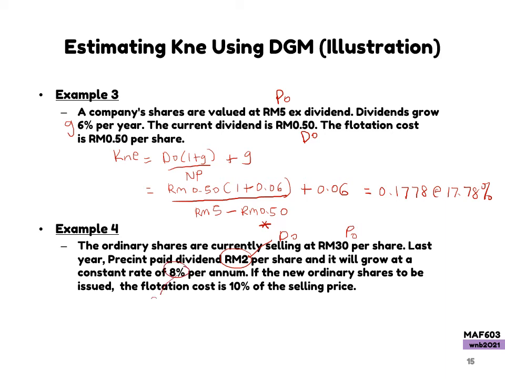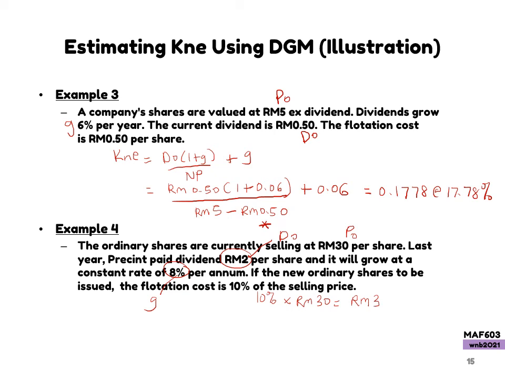This one is G. If the new ordinary shares are to be issued, the flotation cost is 10% of the selling price. So 10% of the selling price, kita tahu 10% daripada selling price dia RM30. Jadinya flotation cost dia adalah RM3.